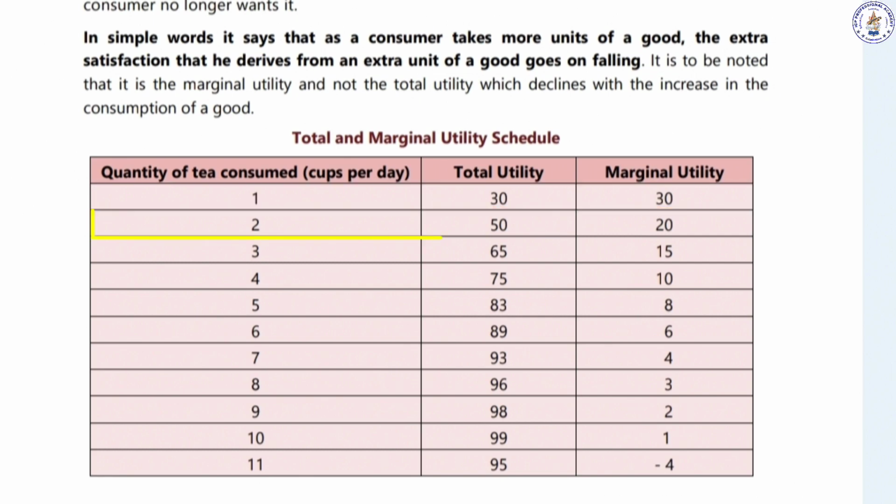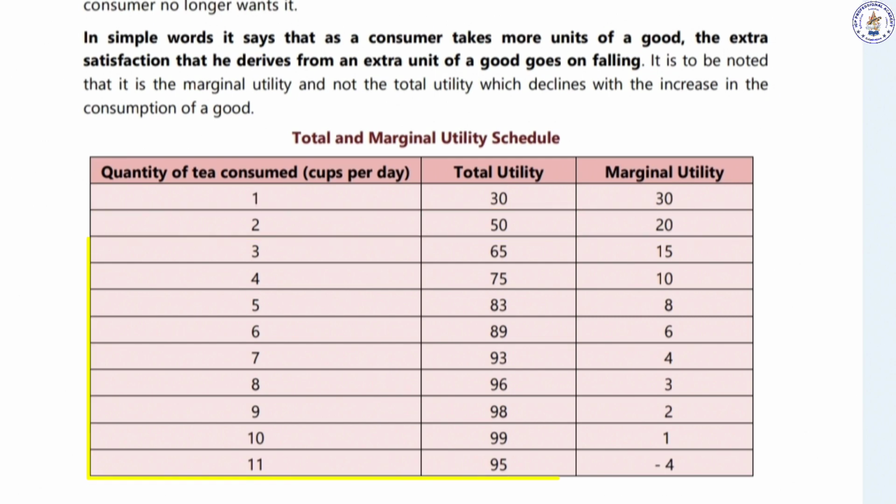Now when he has the second cup of tea, his total utility comes up to 50, because he adds 20 units. But is it the same as the first cup? No, it declines. It comes down by 10 units. So he derives only 20. So the marginal utility is 20, whereas the total utility is 50.